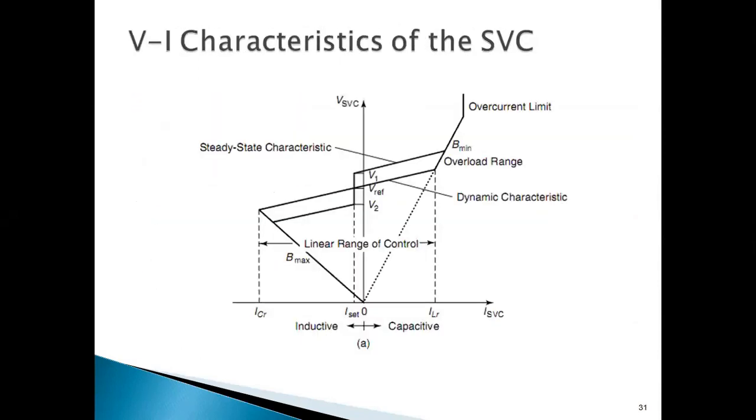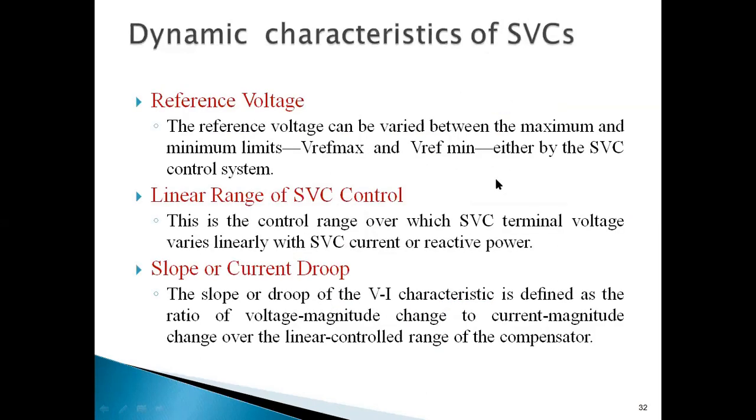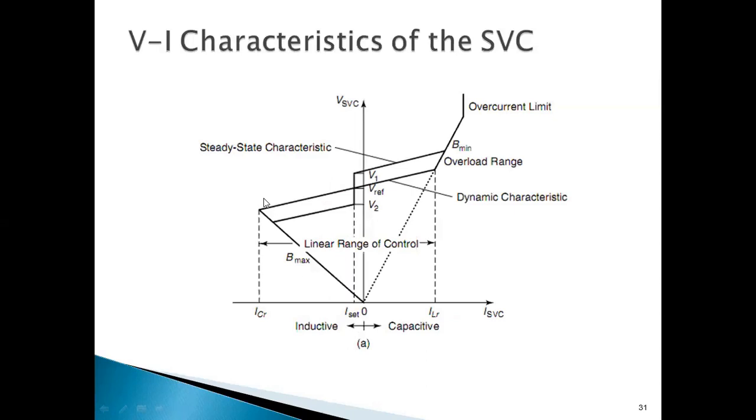Okay, and we have a linear range. See here, this is the linear range. See the regions: one is the linear range, then the slope, and once again we have this overload range and over current limit. And this is the control range over which the SVC terminal voltage varies. Up to this it reaches IC; on the left side it is capacitive current, on the right side it is inductive current.